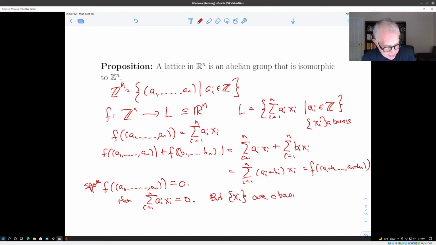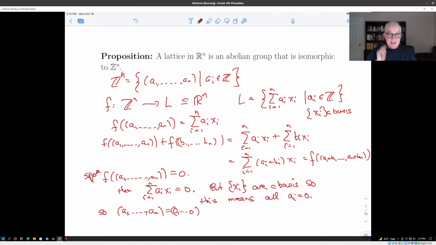So they're linearly independent. So the only way you can have a sum equaling 0 is if all the ai are 0. And that means that the original element of Z^n was 0. And that shows that it's injective.